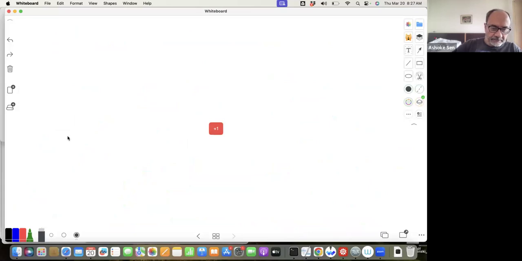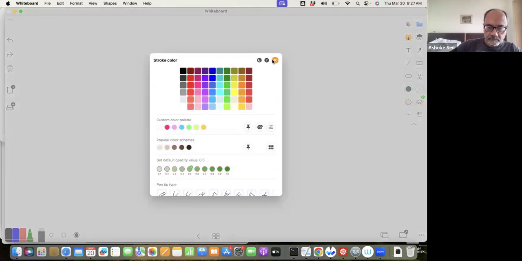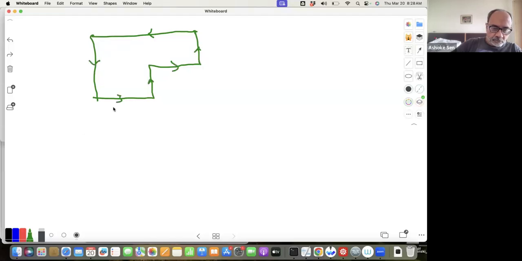So we have this area left over. So correspondingly, we have to add an integral over this area.